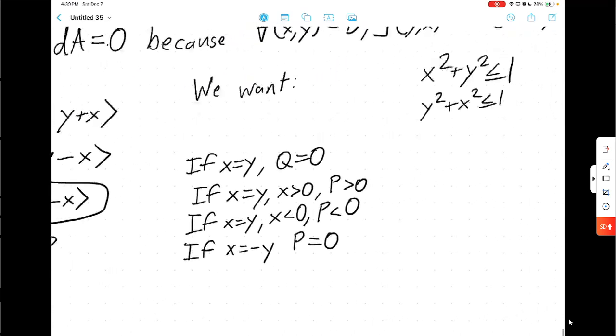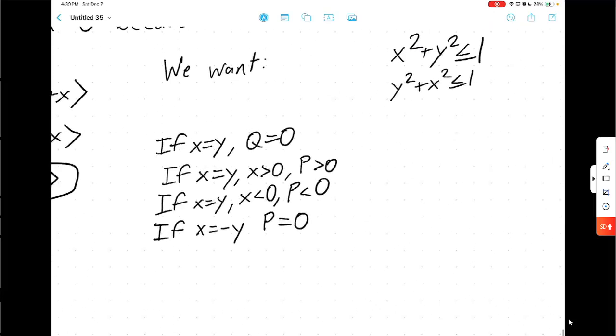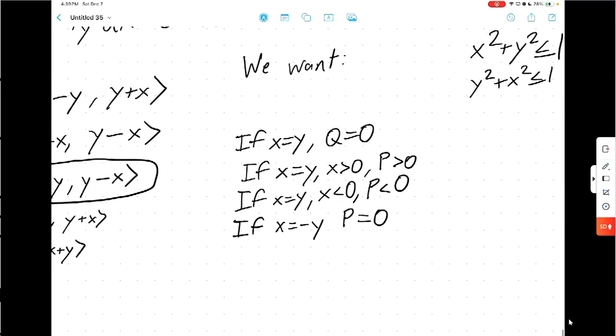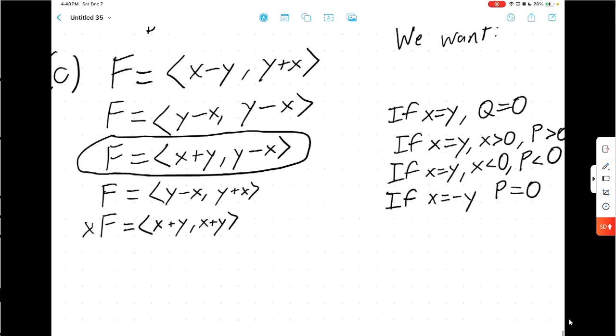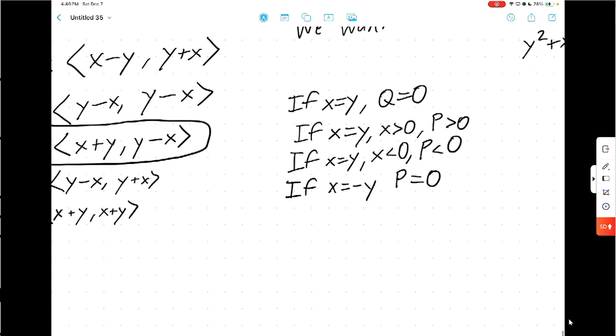Give me 1 second. I'm just trying to figure out what happened, what I did wrong in the problem. This is going to be the right function, though.